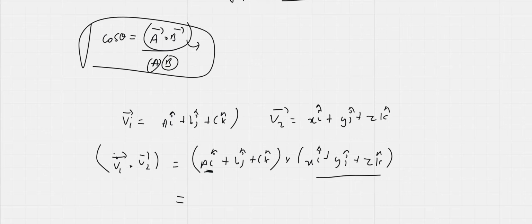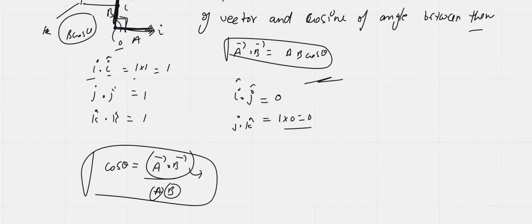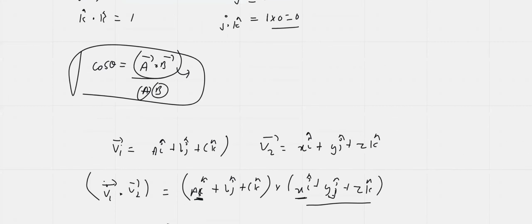So you can see when I do this for this I will be just having x i. The rest will be i dot j, i dot k. You know that for dot product, only the same line has some value.